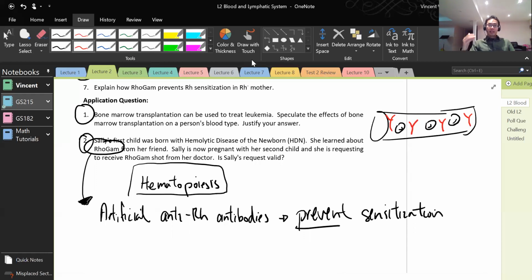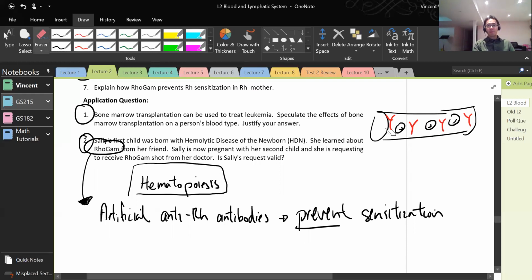So when the placenta is damaged and the baby's positive cells go into the mother, normally it would trigger her immune system, right? However, if you receive a shot of RhoGAM, listen carefully, these antibodies will remove all the positive cells before her immune system kicks in.